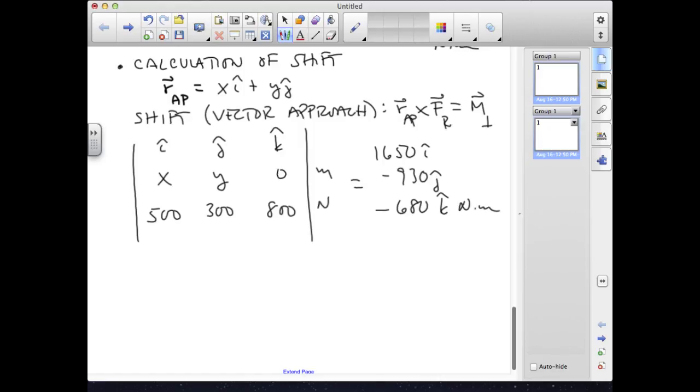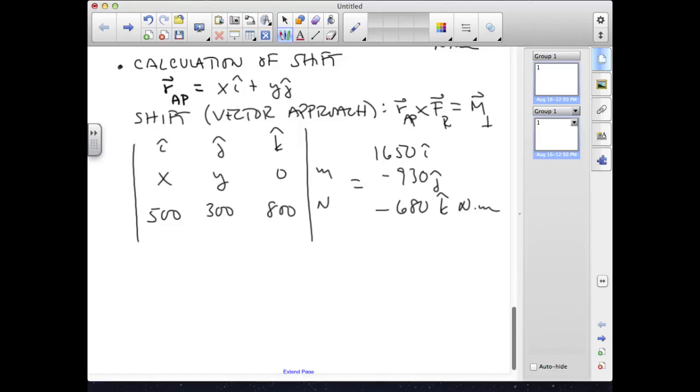Now, one of the things that makes this a little unsettling is that we're going to get 3 scalar component equations out of this, but we have just 2 unknowns. If we've done this problem correctly, we should be able to pick any 2 of those 3 scalar equations, solve for X and Y, and use the third one to verify that we have a self-consistent solution.